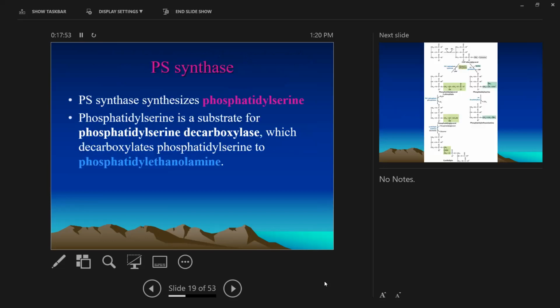The phosphatidylserine synthase will produce phosphatidylserine. And then that's the substrate for phosphatidylserine decarboxylase. You decarboxylate it, it makes phosphatidylethanolamine. So phosphatidylethanolamine in the bacteria is made from phosphatidylserine.